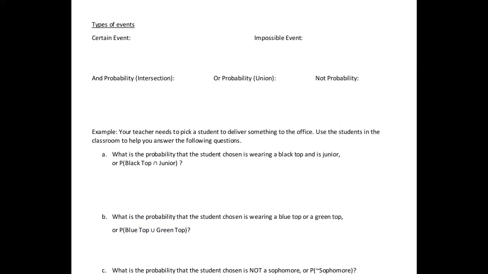All right, let's turn to the top of the page. Certain events. The probability that something is going to happen means that it is certain to happen. Okay? So we say the probability of a certain event is equal to 1.